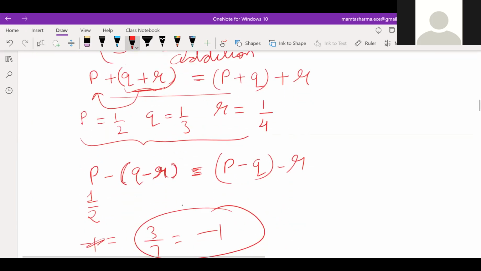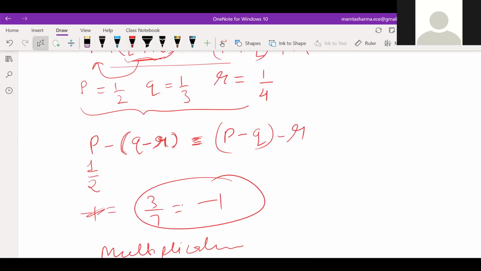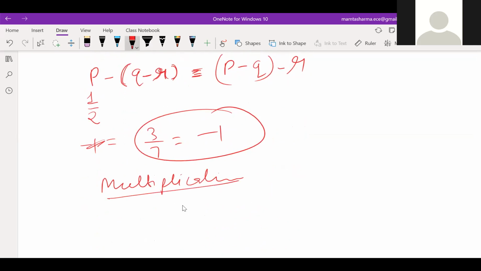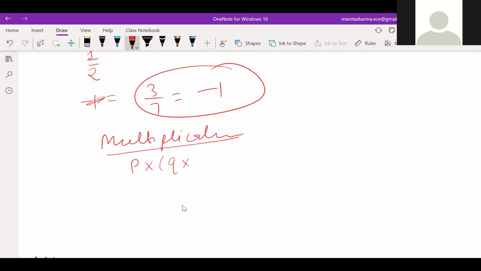Now we will do it for the multiplication. Take the same value of P, Q, R and check it for the multiplication. For the multiplication, the property will be P into Q into R, P into Q into R. You have changed the grouping.